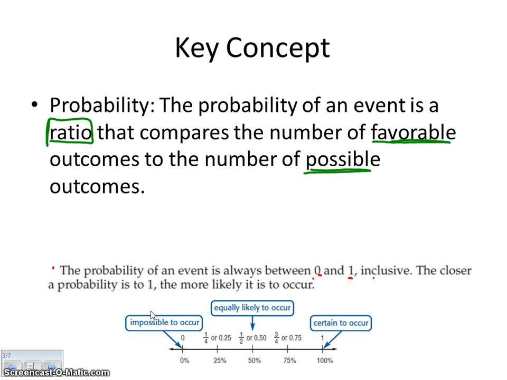Vice versa, the closer it is to 0, the less likely it is to occur. So at 100%, it is absolutely certain to occur. Impossible to occur is at 0. And then right smack dab in the middle, we've got equally likely to occur at 50%, 1/2, or 0.5.